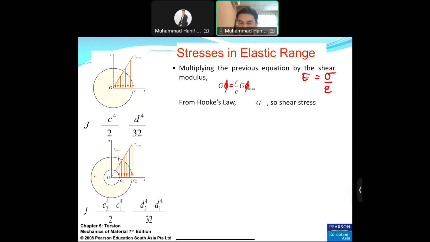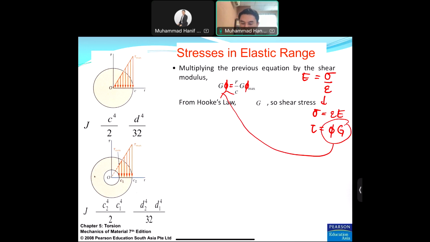So phi in this case is the shearing strain, similar to epsilon here. If you rearrange the equation, you will have sigma equal to epsilon E. So in the torsional case, you substitute sigma with tau, epsilon with phi, and E with G. That is why G phi appears here.